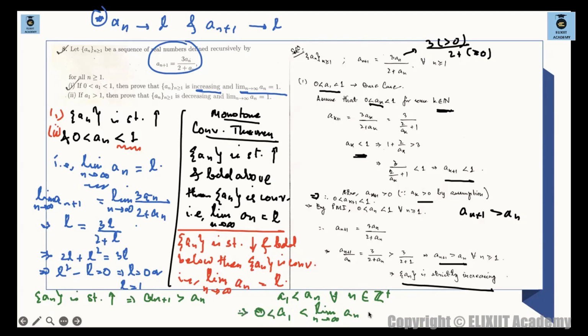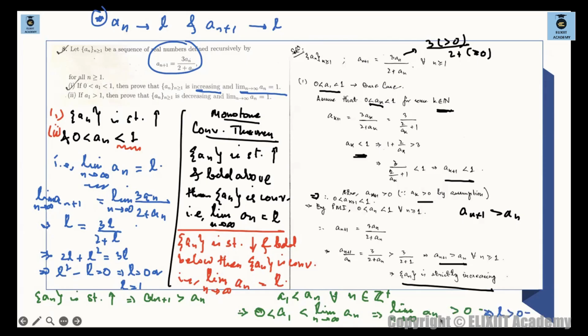So the limit as n tends to infinity of AN will also be greater than 0. Got it? This quantity is also greater than 0, which means that L is also more than 0.